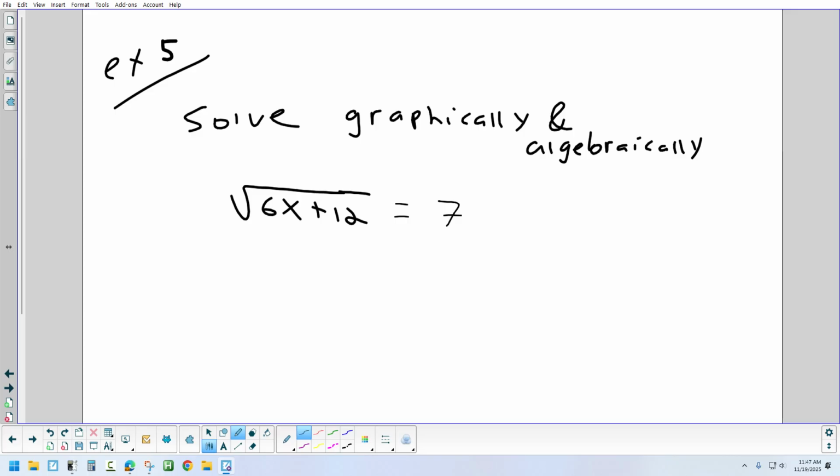Yeah. So what power would you raise each side to? Yep, square. Square each side. Dylan, what do you get on the left when you square that? What do you get on the left?